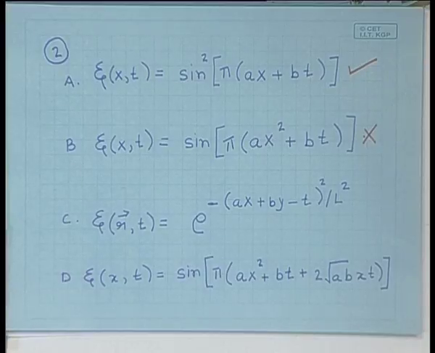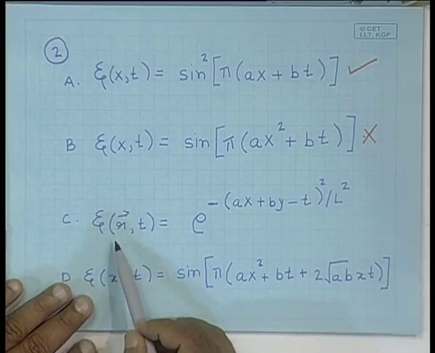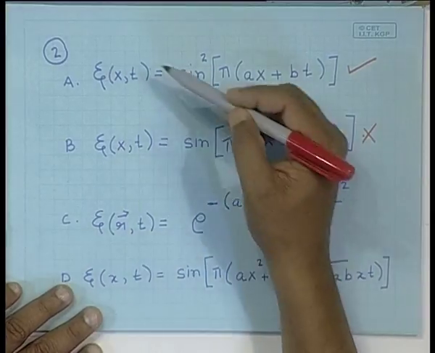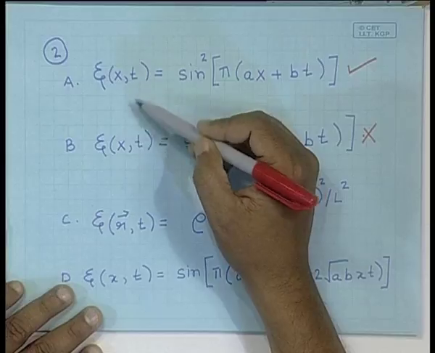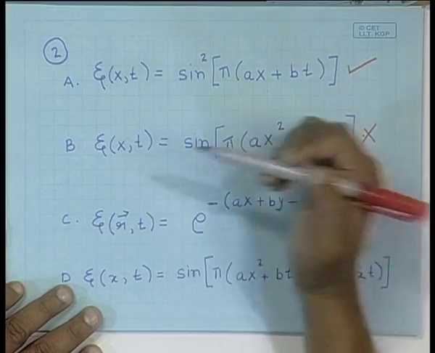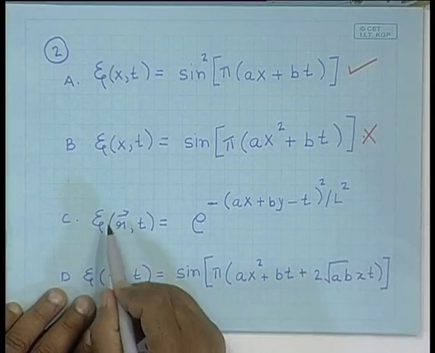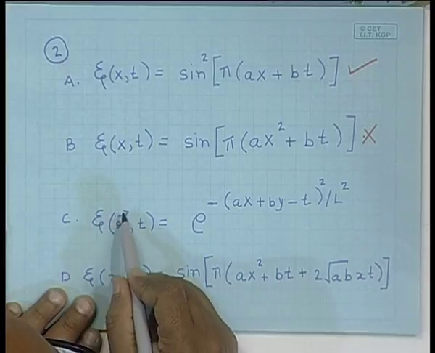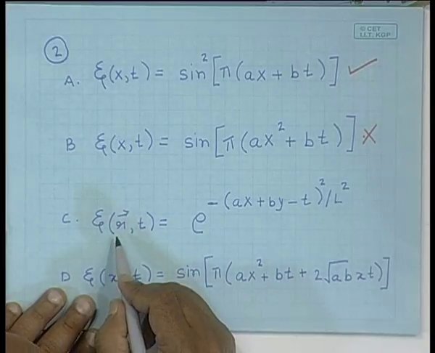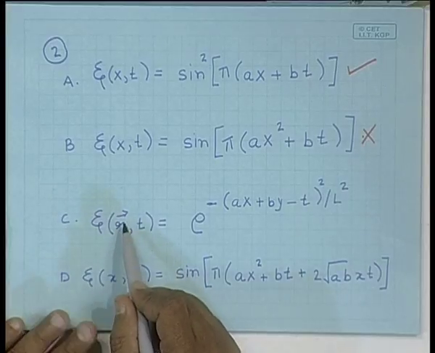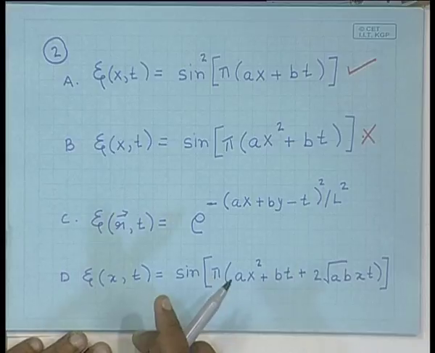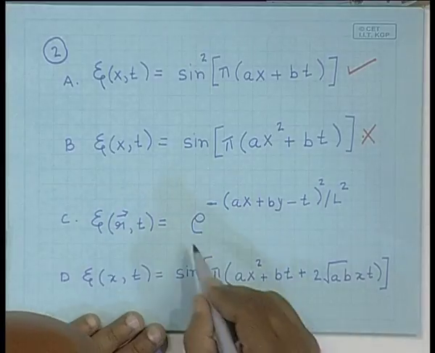Let us take up part C of the problem. So, in part C, you are given a displacement. Now, the displacement is a function of the position in 3-dimensional space. In the earlier two problems, we had a disturbance which was there only along the x axis. In part C, the displacement xi is a function of all three coordinates. So, we have represented it through a 3-dimensional vector r, which has all three x, y and z in it, and the functional form of xi is given over here.